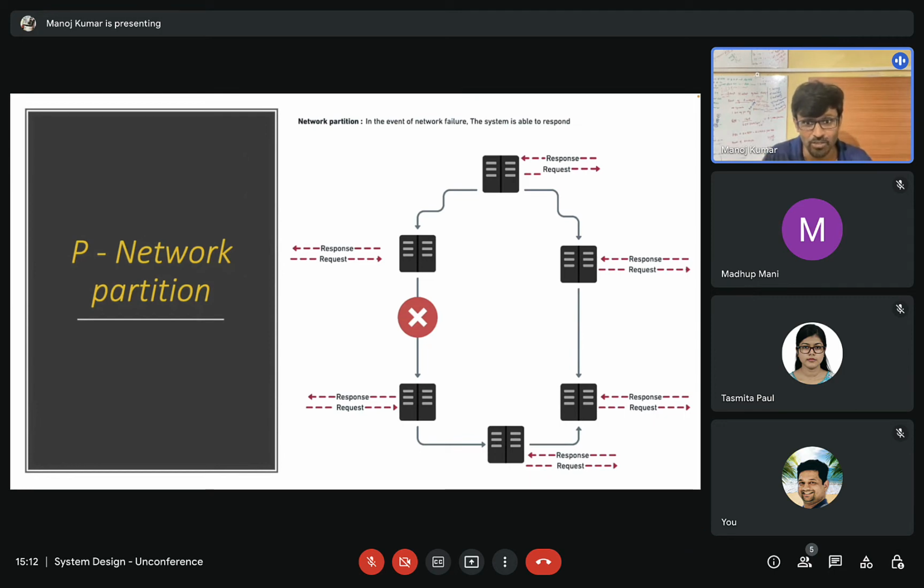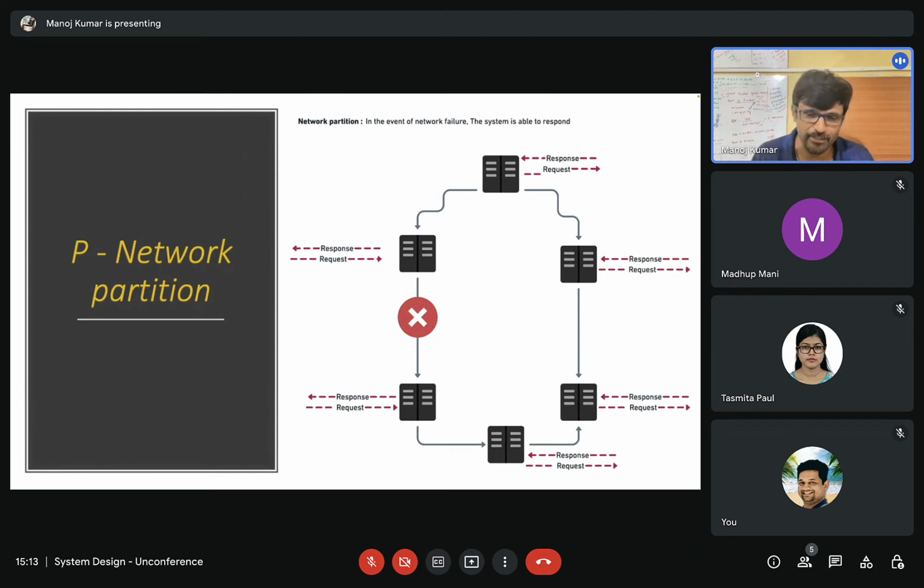Network partition is inevitable. It would happen, and you cannot stop that. That's why people say that with the CAP theorem you can only select one of consistency or availability, and partition tolerance always comes along with it, because you run a lot of cables between two data centers.